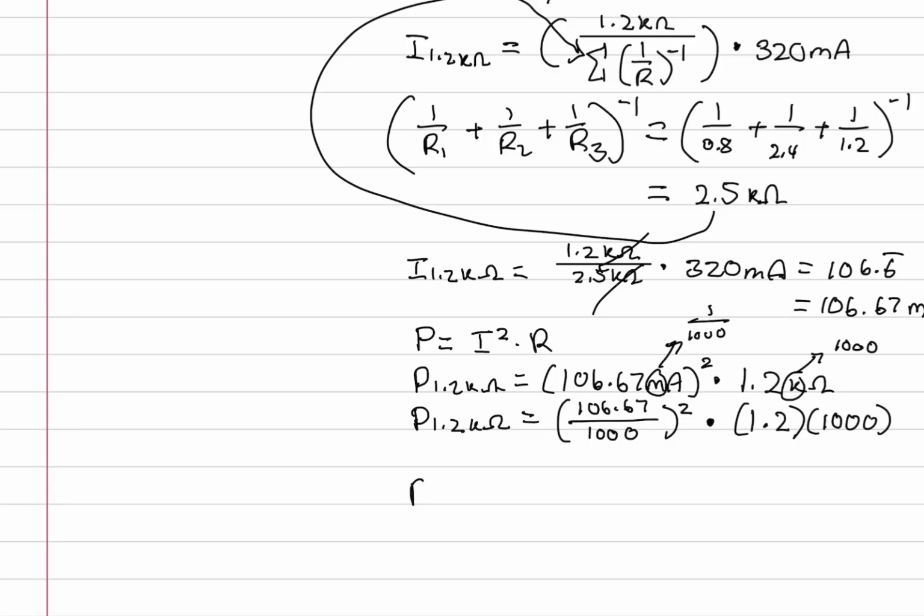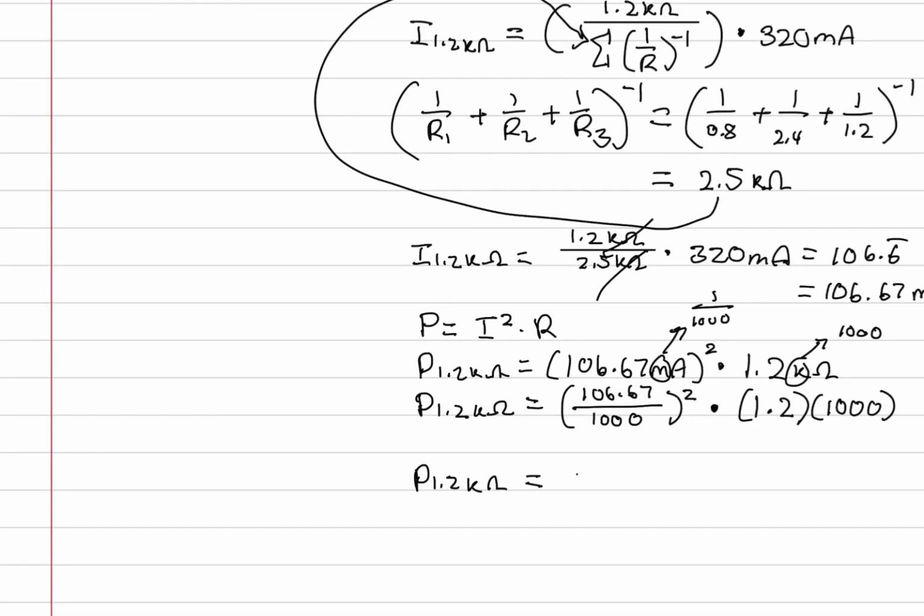And then the power dissipated over the 1.2 kilo ohms resistor is equal to, let me plug that into my calculator, I got a value of 13.65, and that is going to be in watts.